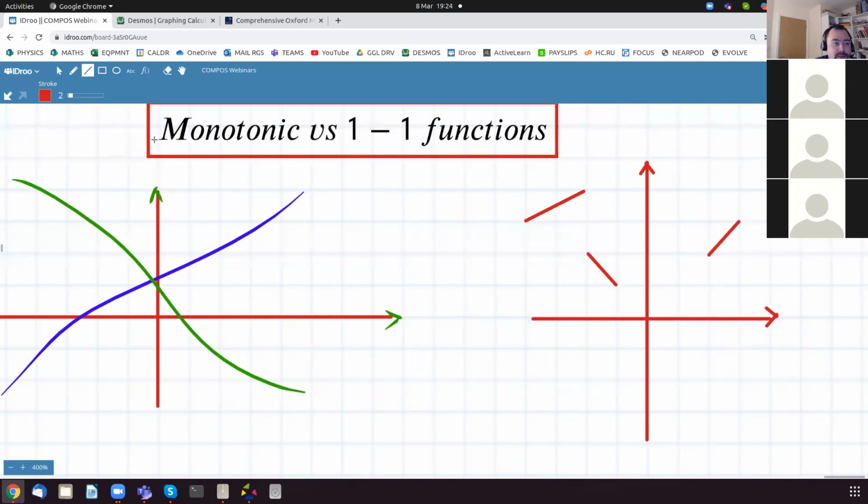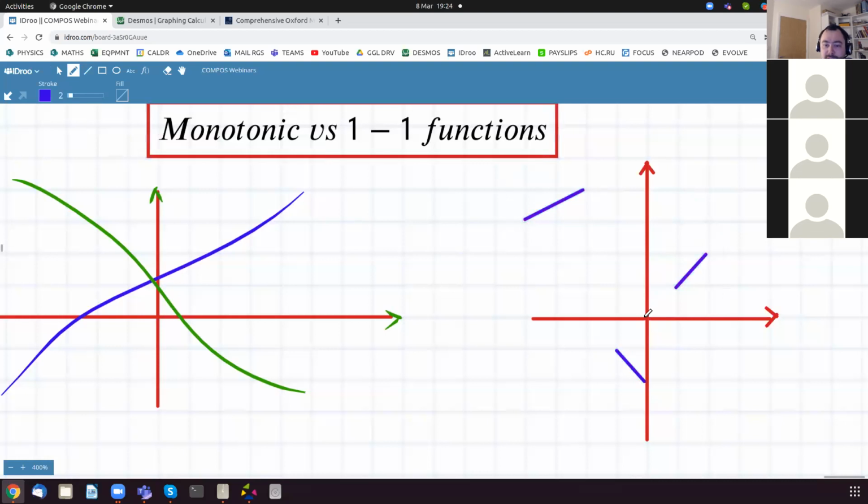So this is a one-to-one function, technically, because each value of x corresponds to exactly one value of y. So if you know x, you know y. I'll shift them a little bit like this, just to be clear. If you know the value of x, you know the value of y. This is a bit far-fetched example, but it works.